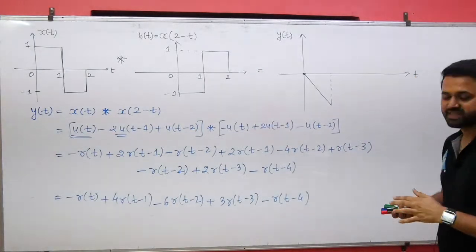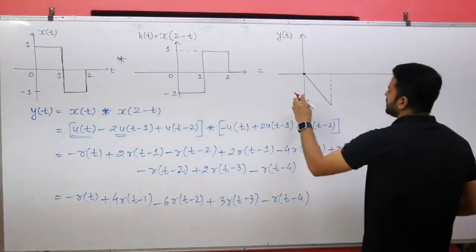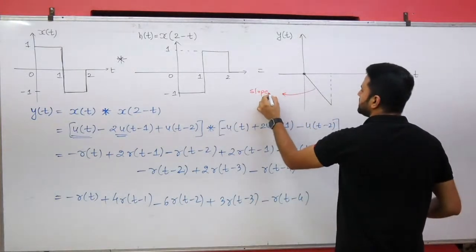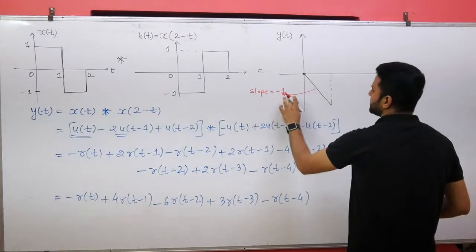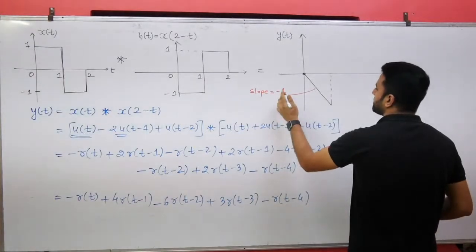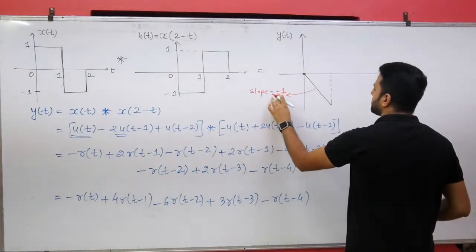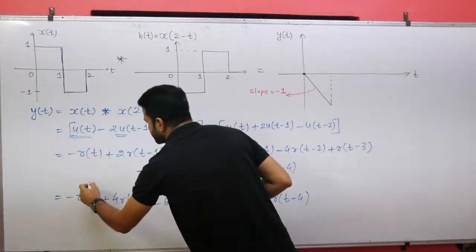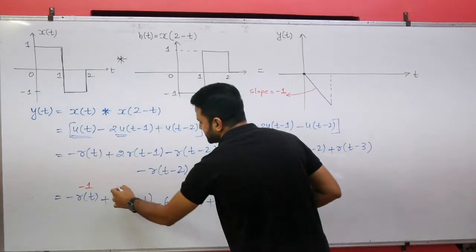What is the slope? That is minus 1. So slope is minus 1.